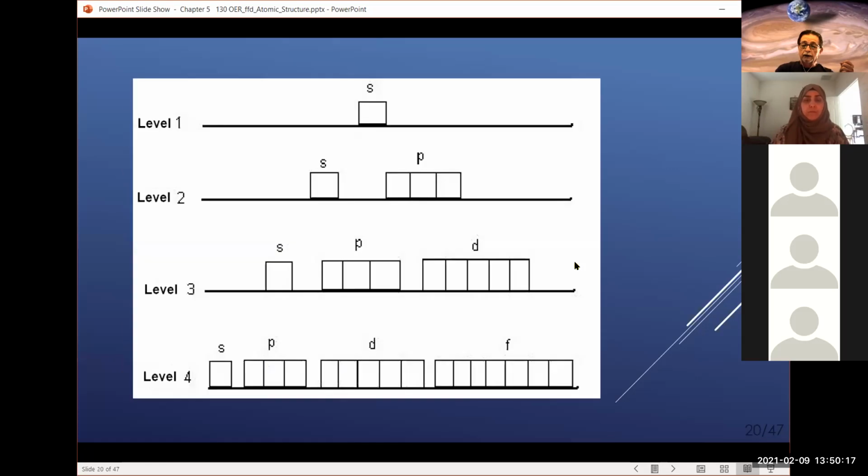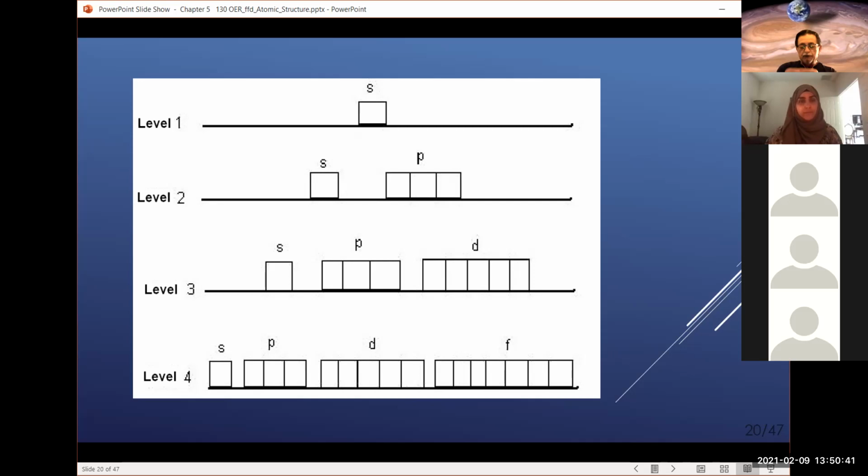All right. Now I need to flip this box upside down, because this is the way you really fill them up. You start with the lowest level, and you don't start adding your electrons at the highest level. If you imagine this picture flipped upside down, it's an upside down pyramid.